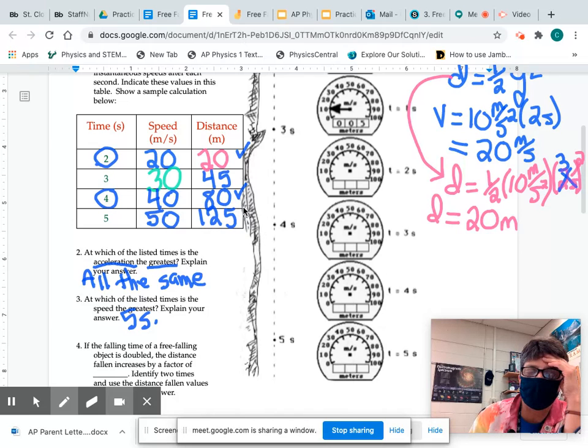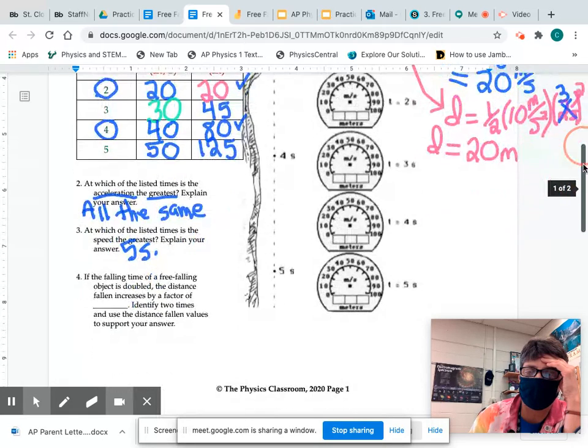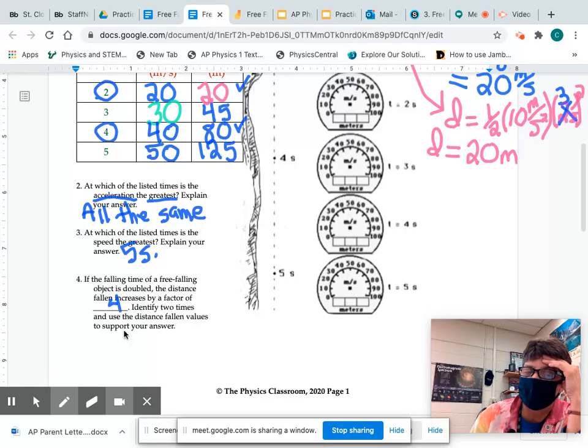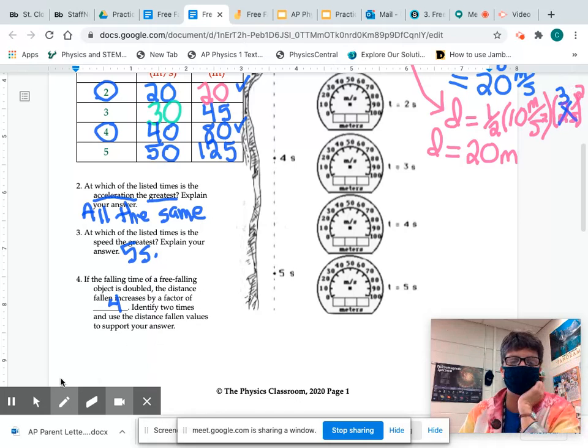How many times bigger is 80 than 20? If you took 80 divided by 20, what would you get? 4. So the distance increased by a factor of 4. Notice when you double the time, you increase this by a factor of 4, and that has to do with the squaring part. Just a little trivia information.